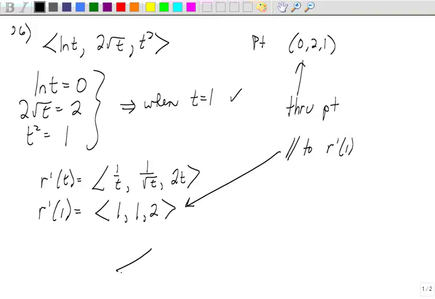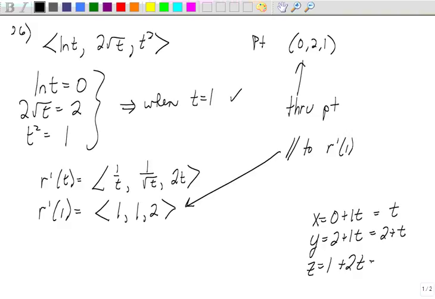I'll write it out as parametric equations. I have x equals 0 plus 1t, y equals 2 plus 1t, and z equals 1 plus 2t, or t, 2 plus t, and 1 plus 2t.